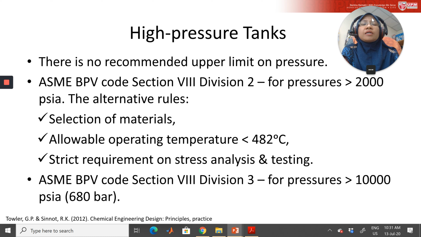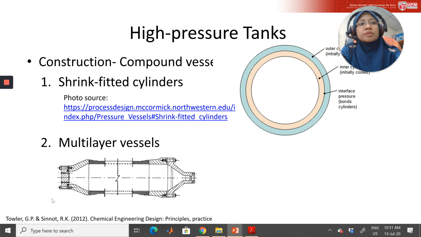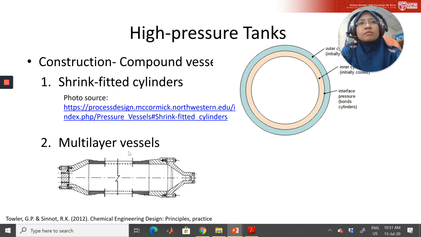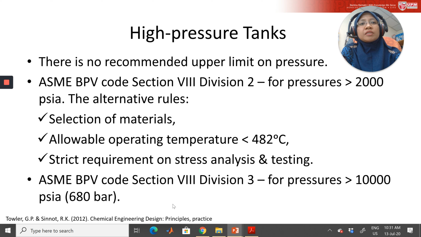where the alternative rules provided in the standard cover selection of materials and allowable operating temperature, which is less than 482 degrees Celsius, and provide strict requirements on stress analysis and testing.